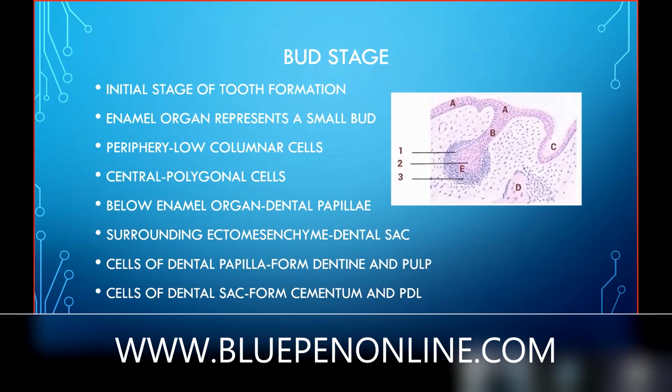Remember like this: dental papilla, dentine and pulp. Dental follicle or dental sac forms the other parts, that is the cementum and PDL. Enamel is formed directly from the enamel organ.